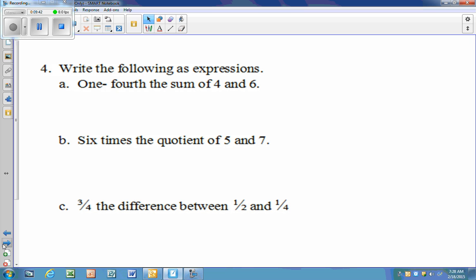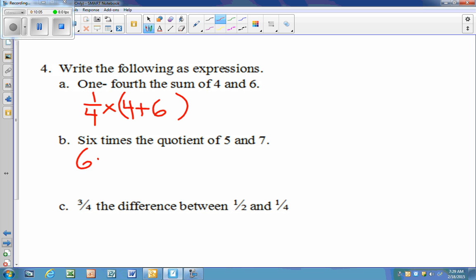Question 4 just says to write the following as an expression. It doesn't tell me to solve them, they just want me to write the words into an expression. So I have 1/4 the sum, which tells me to multiply 1/4 of the sum, and the sum I want to find is 4 and 6. Next is 6 times the quotient.